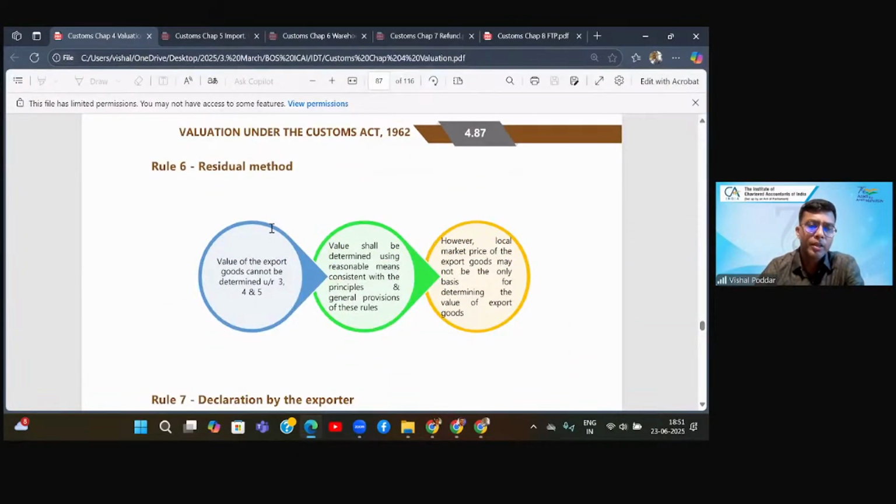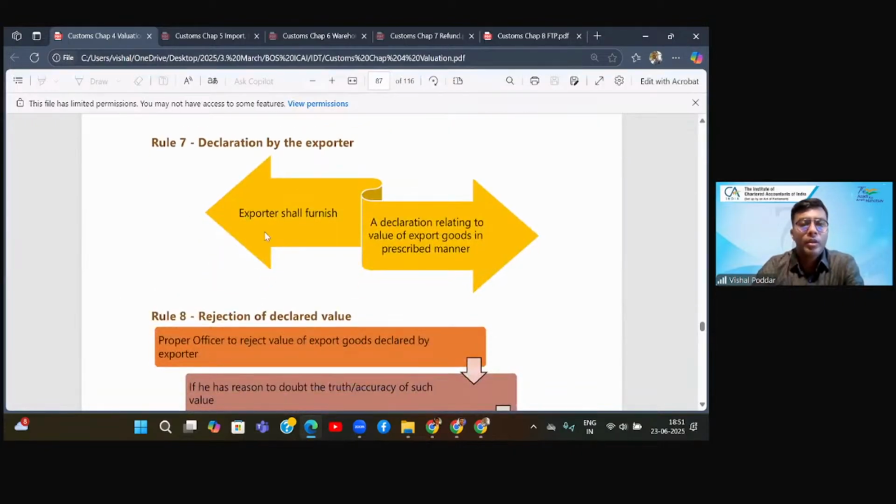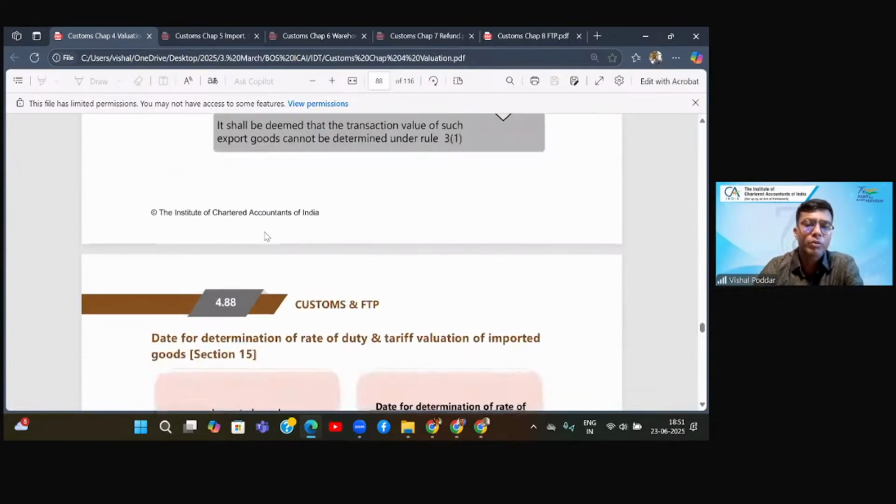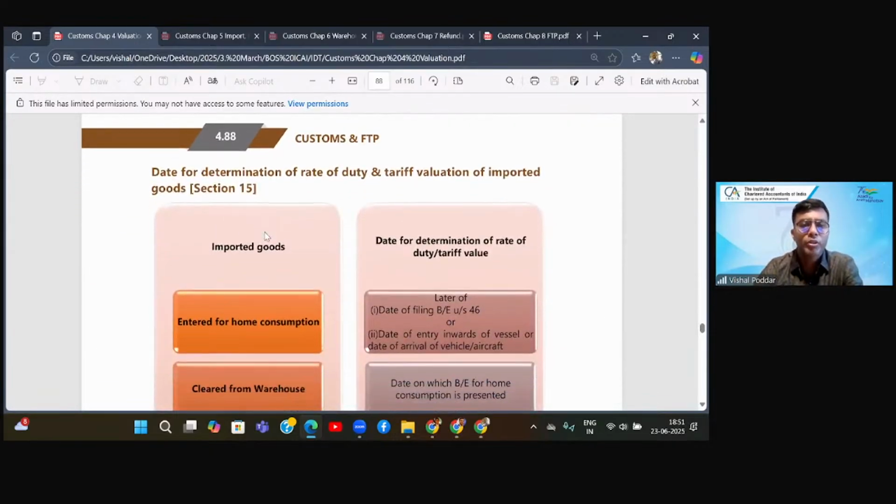So you'll find that the same or similar type of methods which were there in case of import are there. What is not the same, which was there in import valuation but not in export valuation, is you do not have the deductive value method over here. Next, same declaration by exporter and the power of the proper officer to reject. So these are the valuation rules.